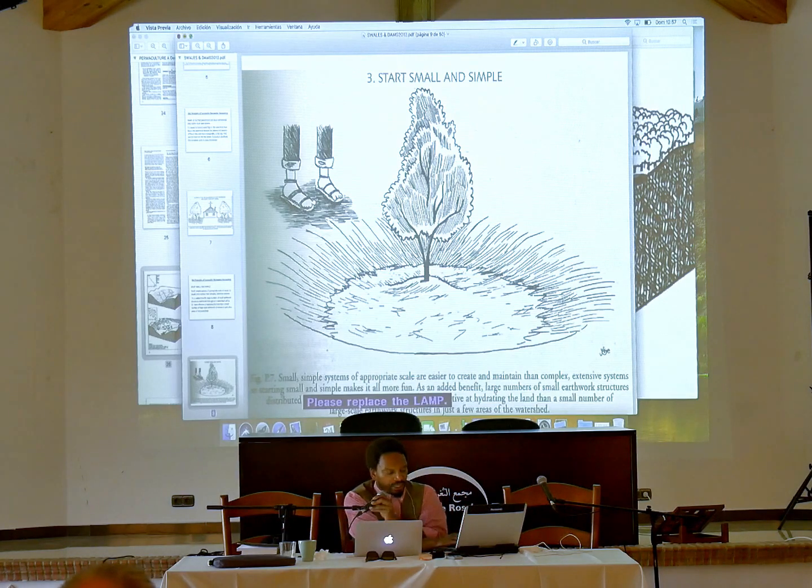Now, I showed you the example of the Valrani cloud, making the basins. This is even more simple. Same principle, but a slightly different application. There's something called land imprinting. How many people have heard of that?